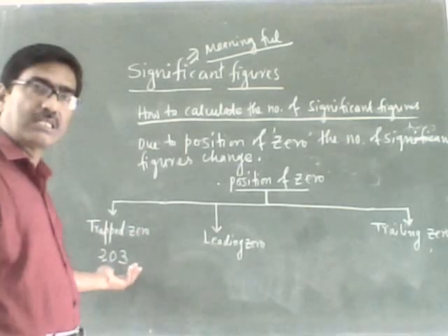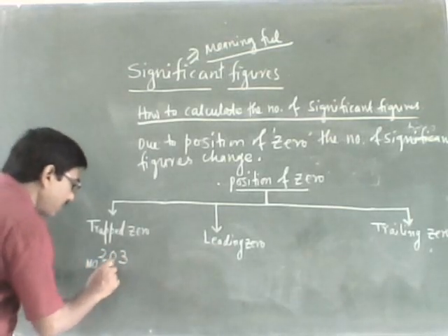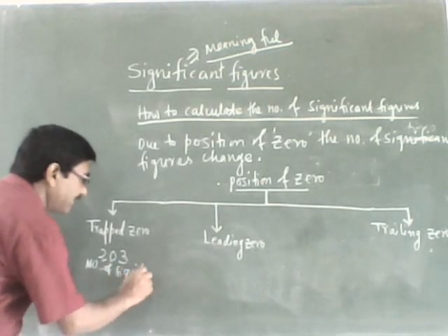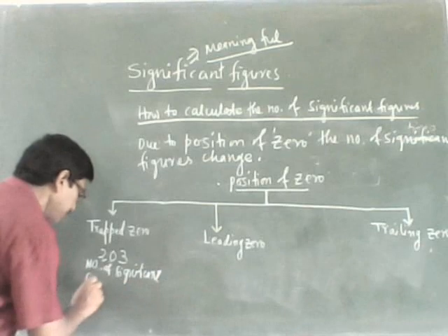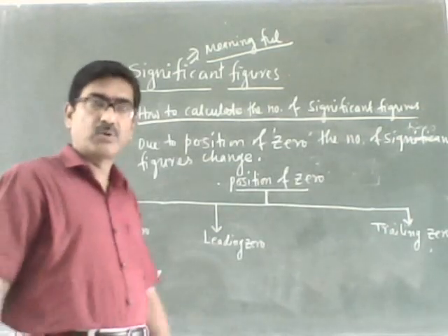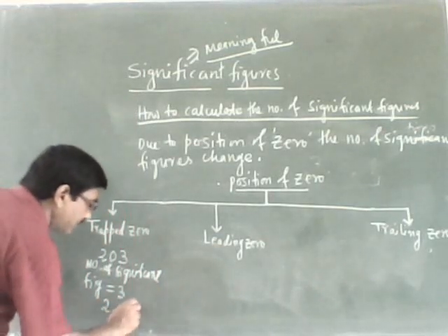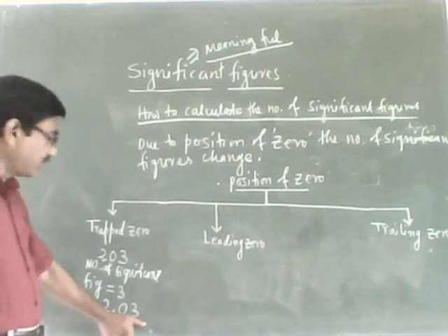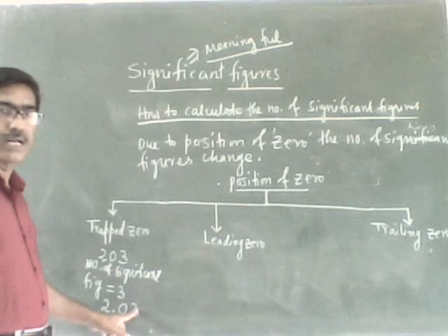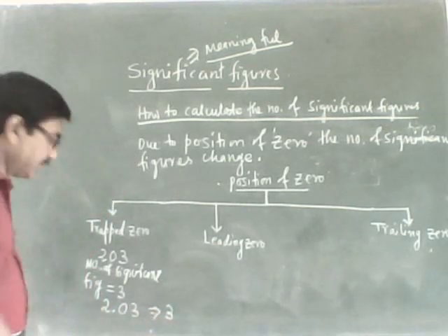So trapped zeros are significant, and the number of significant figures is equal to 3. If it is 2.03, then also this zero is trapped between 2 and 3, so the number of significant figures will be 3.